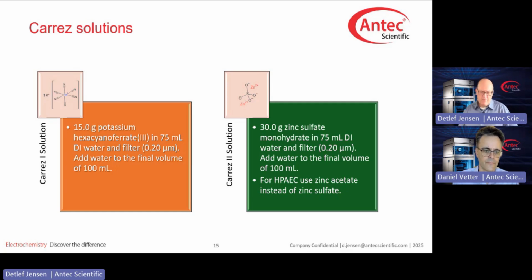Now, ladies and gentlemen, it might be that you find yourself in a situation that you cannot change zinc sulfate to zinc acetate because you have an SOP, because you're working in a regulated environment. There might be several reasons for that. So are you lost now? Are you screwed, or can we do something? Let me show you that you are not lost.